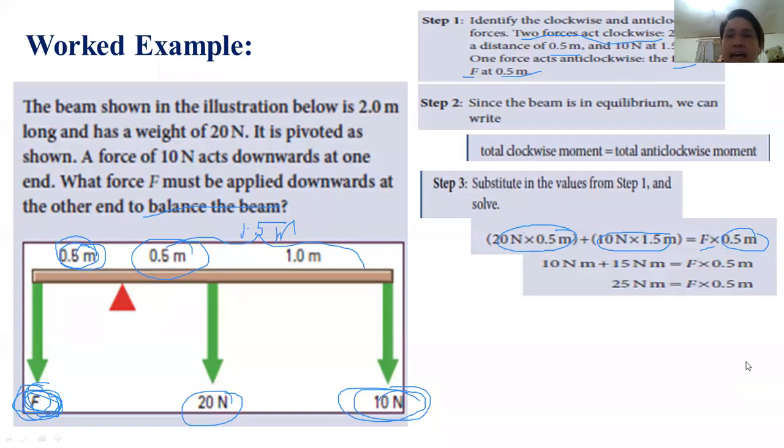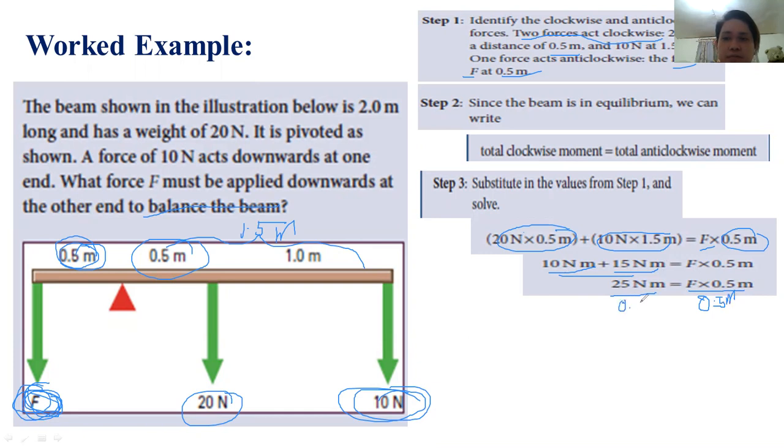To do the math, we have 20 newton times 0.5 meters, which gives us 10 newton meter, or Nm. 10 newton times 1.5 meter gives us 15 newton meters. And on the other side, when we multiply, that gives us 0.5 times F. Adding them, we have 25 Nm is equal to F times 0.5 meters. Then divide both sides by 0.5 meters.